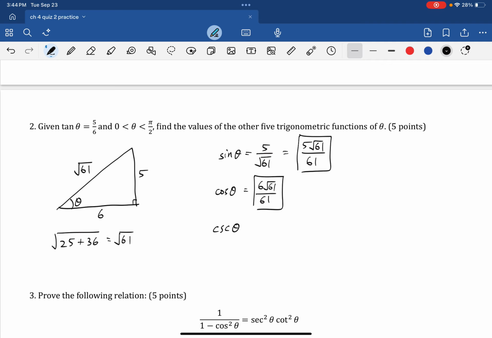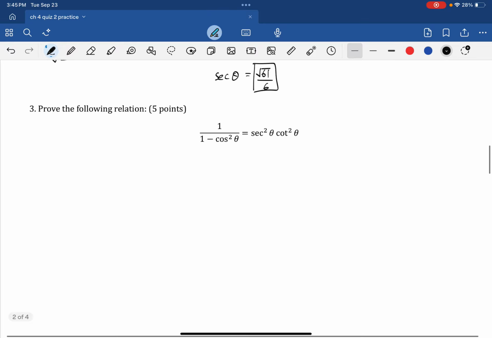Cosecant of theta is just the reciprocal of sine, so that's root 61 over 5. And secant theta is the reciprocal of cosine theta. Finally, cotangent is the reciprocal of tangent, which is 6/5.